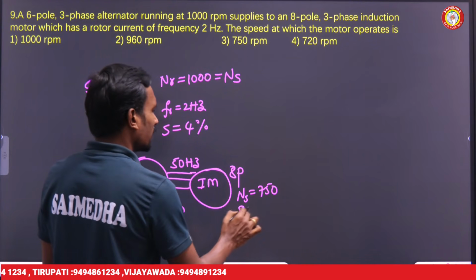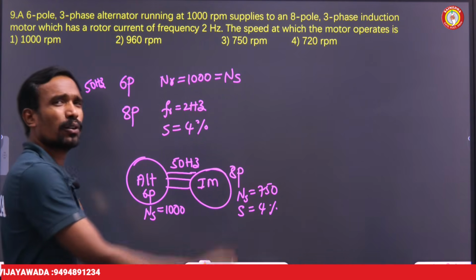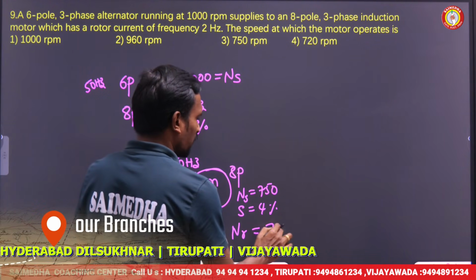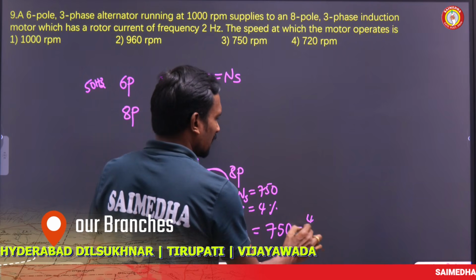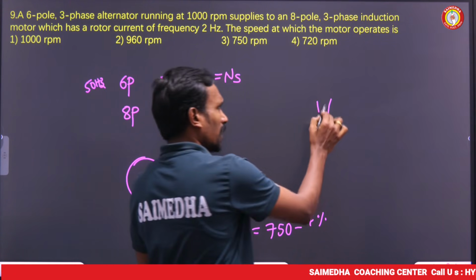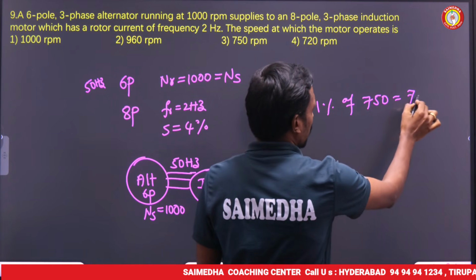But now the rotor is rotating at 4% slip. Then what will be the rotor speed? Actually 750, and in that 4% is slipped out. What is 1% of 750? The 1% of 750 is 7.5.